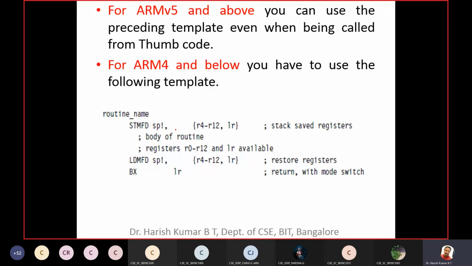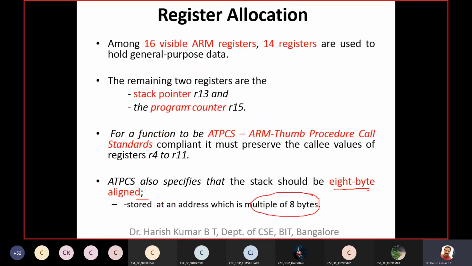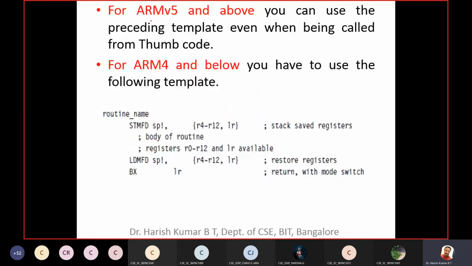ARM5 and above, you can use the preceding template even when being called from Thumb code. So the same template works fine for both ARM mode and Thumb mode up to ARM version 5.